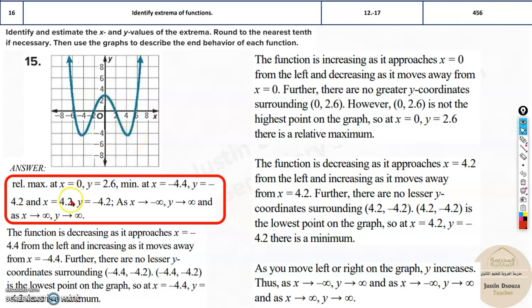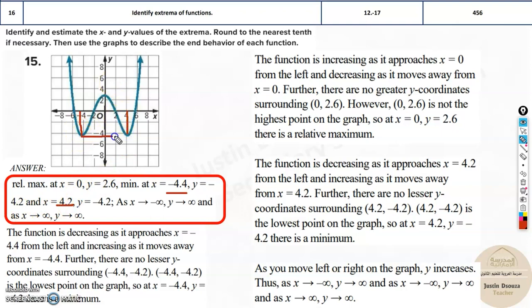Now over here, the x value for the maximum is 0 and the y value is about 2.6. What about the minimum? There are two minimum points. When x is negative 4, it's negative 4 and a little more, negative 4.4 and positive 4.2. What is the answer?